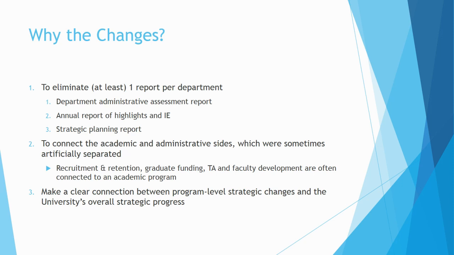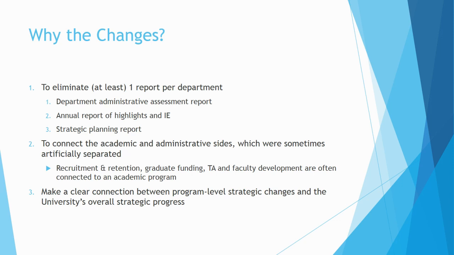A second reason for combining strategic objective reporting with student learning outcomes is to make the literal connection between the two sides of the house, academic and administrative, which were sometimes artificially separated. In one report, we would read about student learning related to global engagement, for example, but the department would report separately in its administrative assessment report about expanding international internships in order to engage students globally.